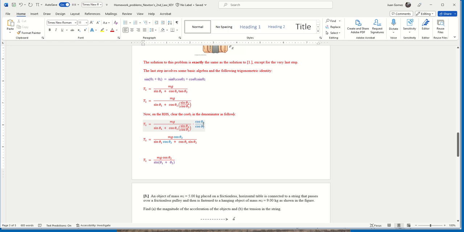Very standard technique. When you do that, in the next step in the numerator, you get mg times cosine theta 2. In the denominator, you want to be a little bit careful. You're taking each term in the denominator and multiplying each term by cosine theta 2. So you have sine theta 1 cosine theta 2.